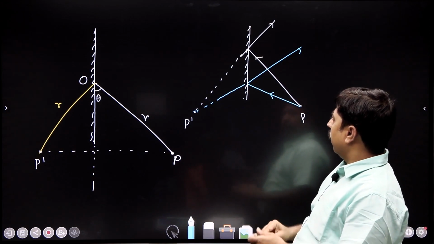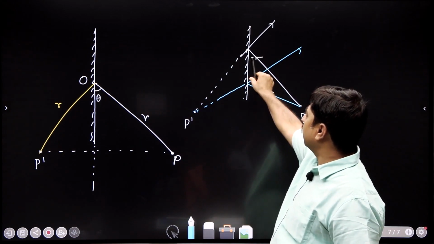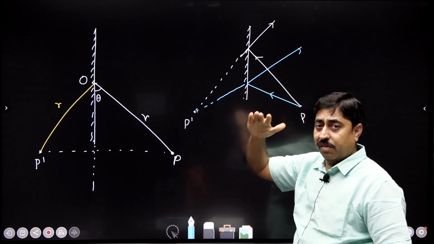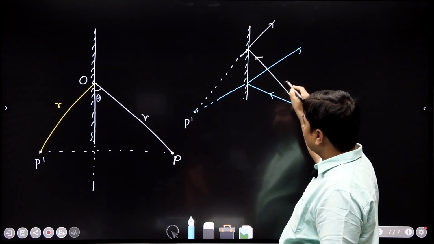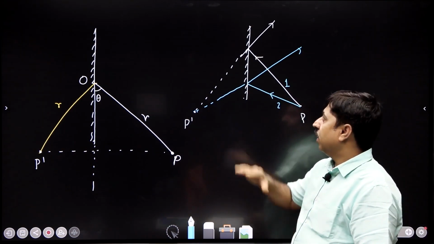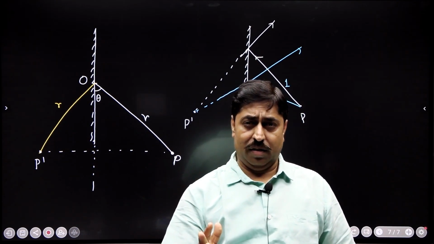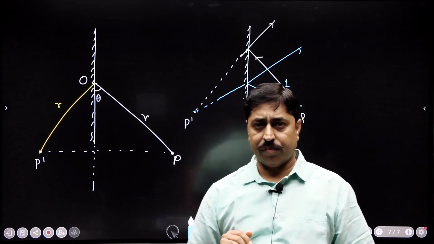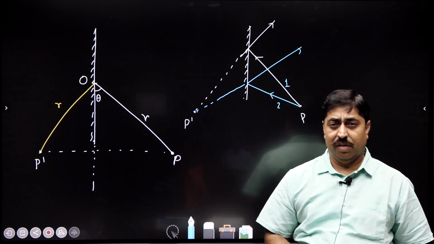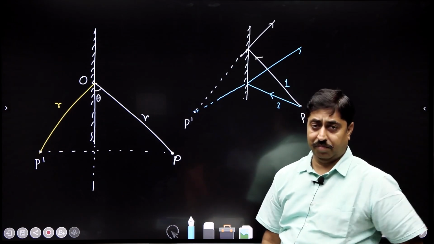Now, if I rotate this mirror by some angle theta, then the angle of incidence of all these rays, ray 1 or ray 2, this is true for any ray in fact, will change by theta. And you have studied that in such a case, the reflected ray deviates by 2 theta.